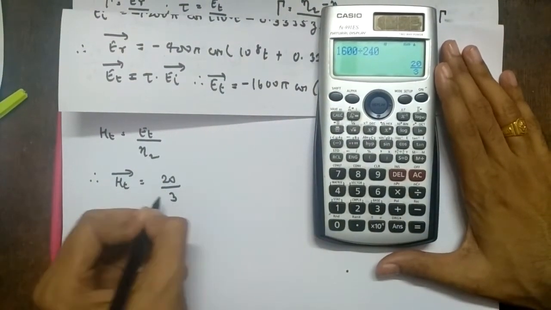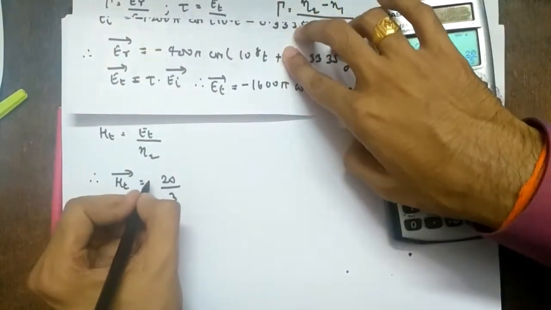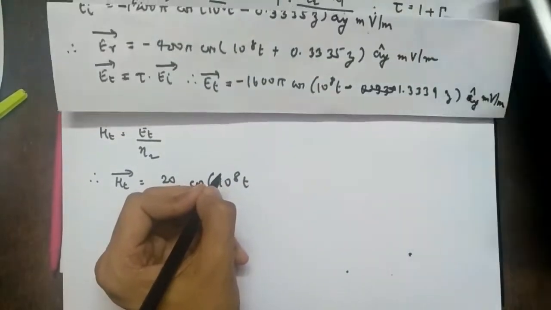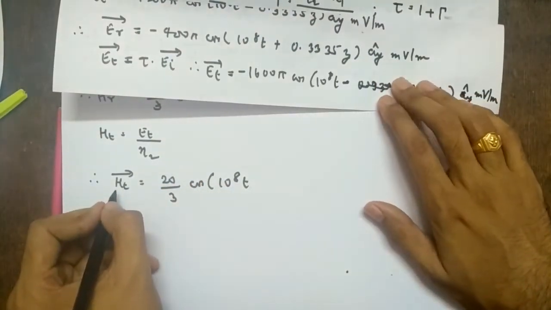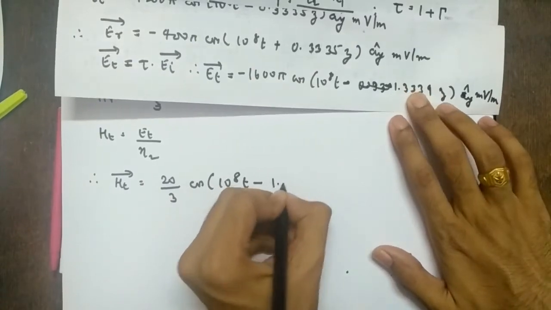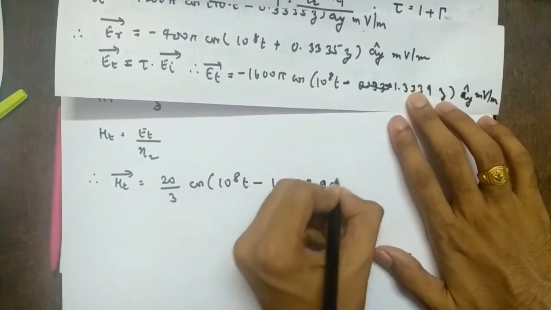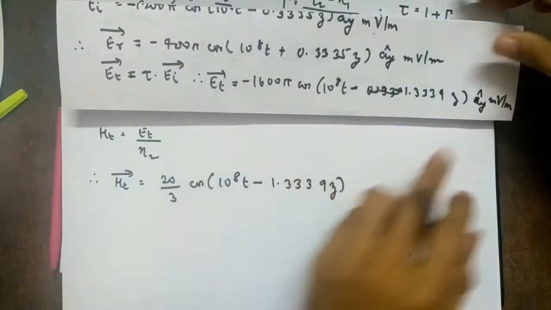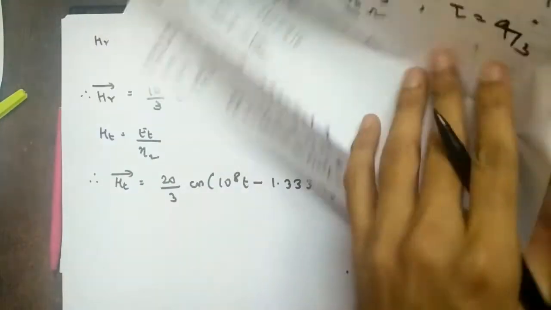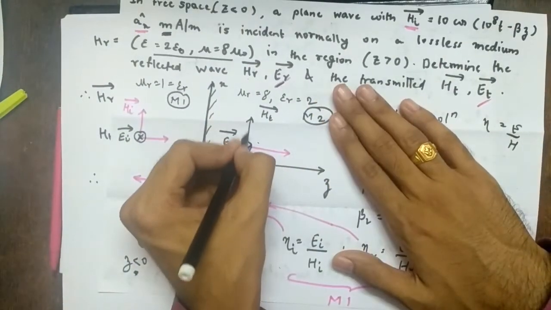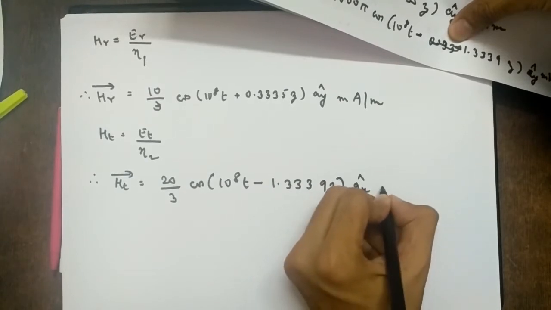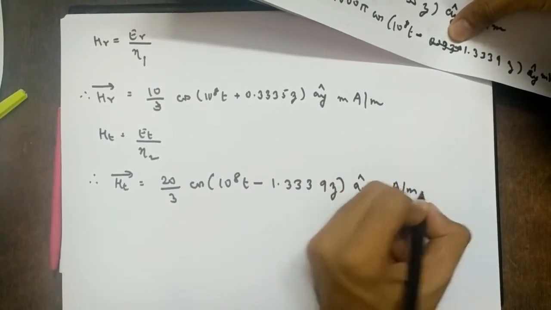So 20 by 3 cos of, we'll see about the minus sign later, 10 raised to 8 t, and we are in medium 2, so it is traveling in plus z only. So minus 1.333 z. In which direction are we now? HT vector, so you cannot take a_y cap. So see the diagram for that. So HT is in which direction? Plus a_x cap, right? So you don't have to take the minus sign. You have to take the plus sign and a_x cap. And it is milliampere per meter.